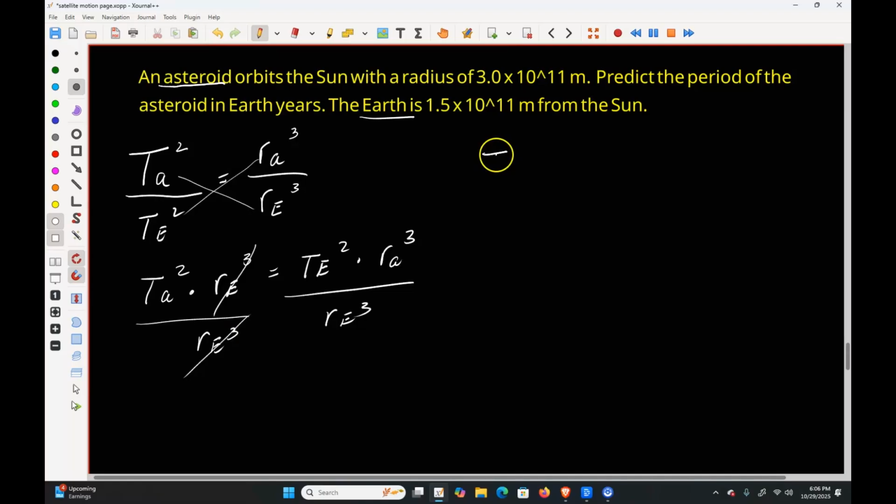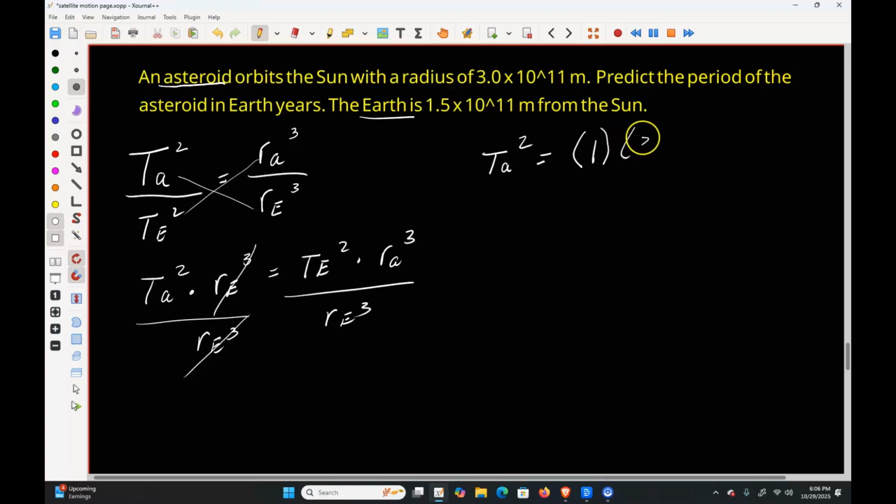So the period of the asteroid squared is going to equal the period of the Earth, which is 1 year, times the radius of the asteroid to the third power.